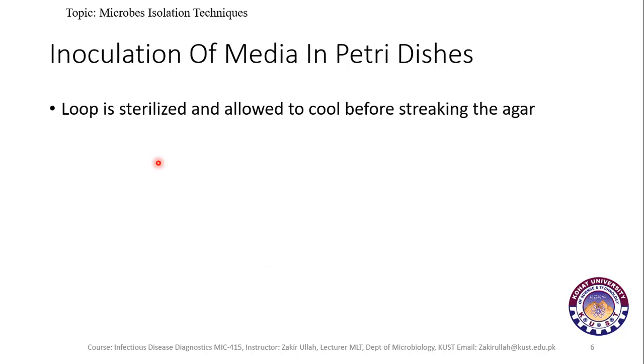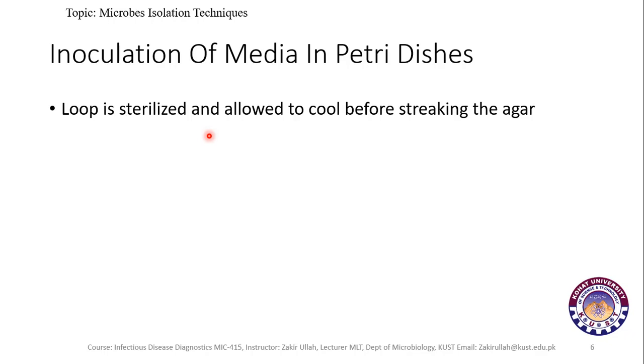For inoculation, first the loop is sterilized and then allowed to cool before streaking the agar. So before plating, before streaking, before looping out, the loop, which is usually an aluminium material, is first heated, sterilized and then allowed to cool.